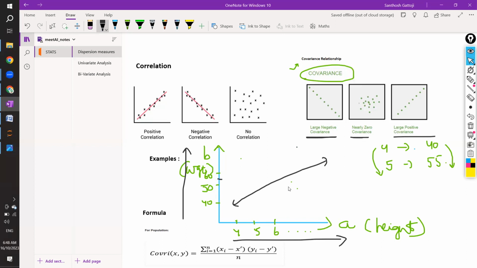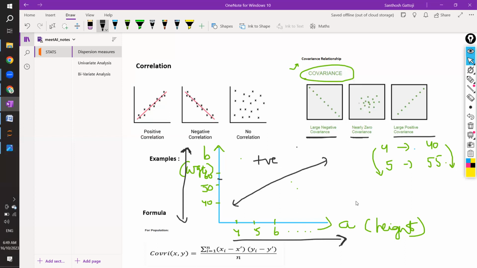If you consider two columns, and the value of one column is increasing as the value of the other column is also increasing, or if one column decreases and the second column also decreases, then it should be concluded that those two columns have a very good or large positive covariance.